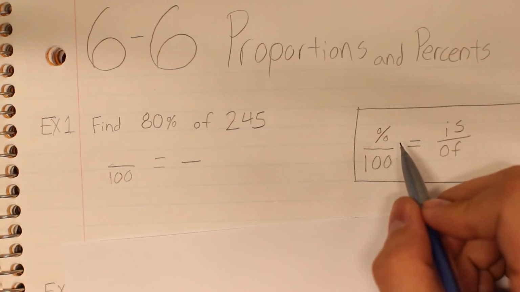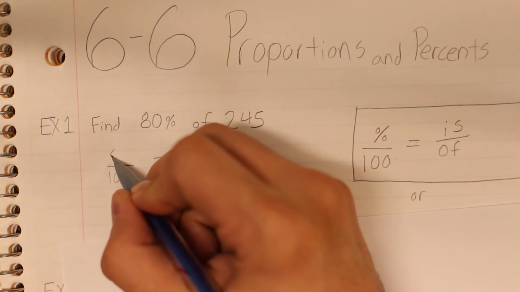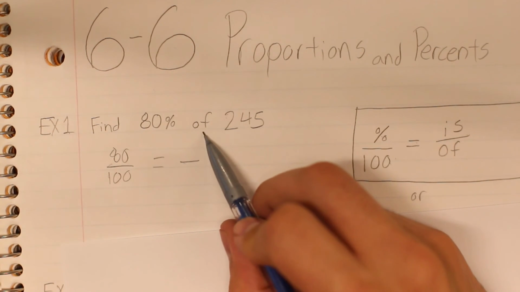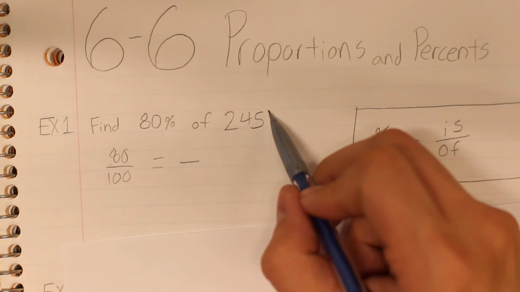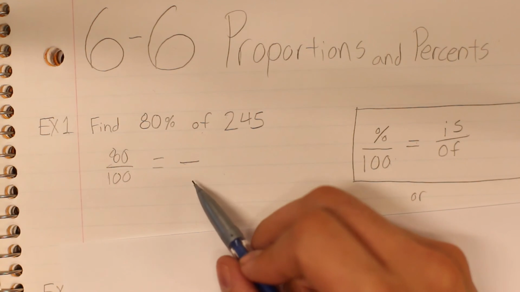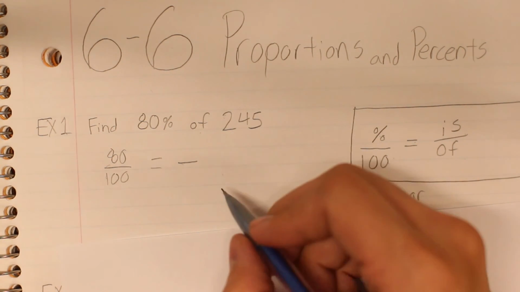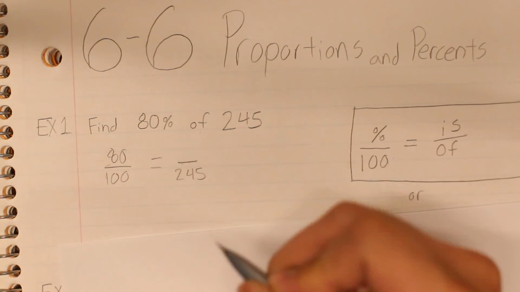The percent. Now, does the problem give us a percentage? It does. It gives us 80. Go ahead and put 80 above 100. Now, whatever comes typically after of is the whole. That's the part that goes down here. You see how we have the of right here? Of goes right there. So we take 245 and put it there.